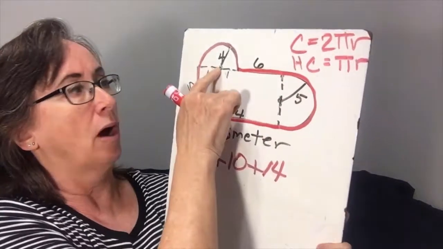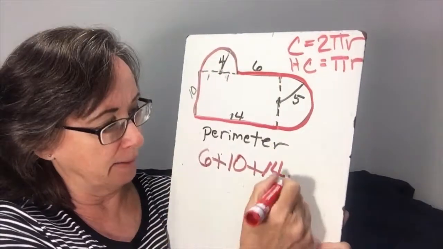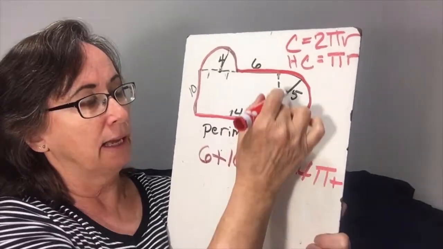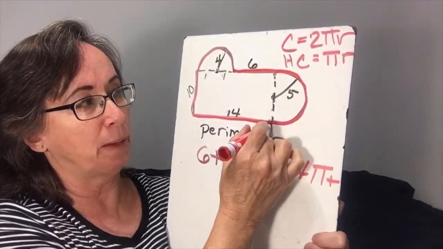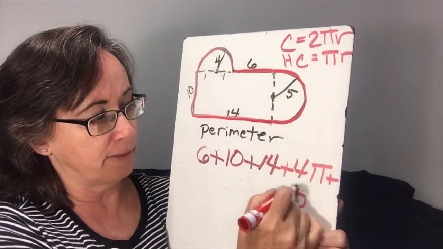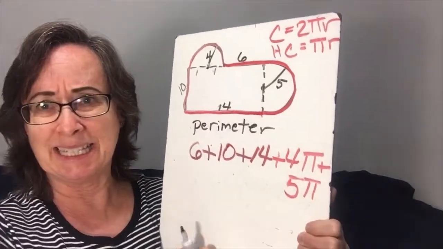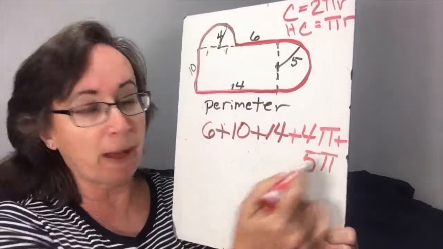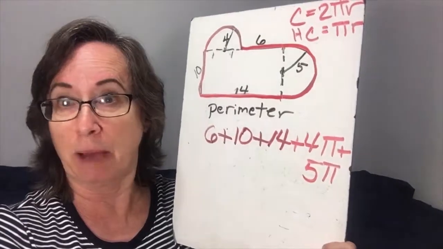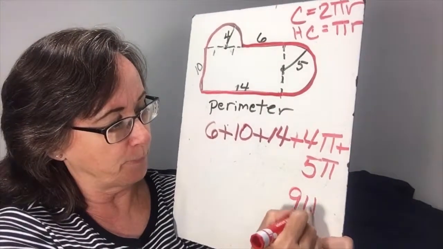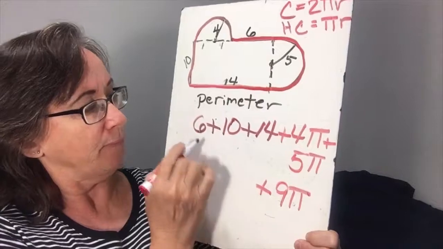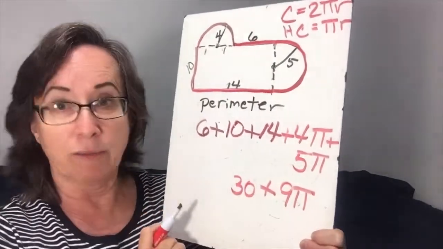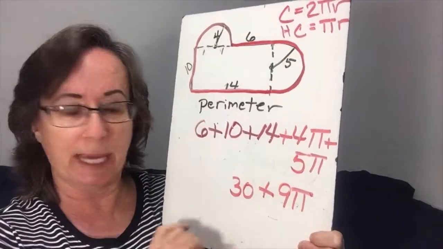Okay, so r is 4, so 4 pi. So we'll say 4 pi plus, and then this one is going to be pi r, or 5 pi. Now I'm going to make this easy on myself. I'm not going to do 2 multiplications when I can do 1. So 4 pi plus 5 pi is 9 pi. So we have 9 pi. And then 6 and 14 gives me 20, plus 10 more is 30. So now all I have to do is 1 multiplication.